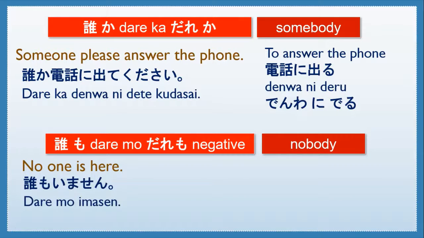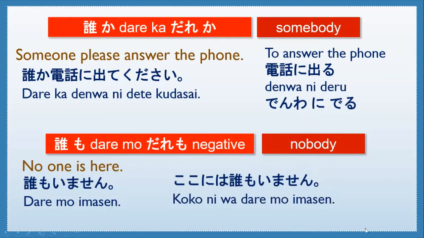We can also say ここには誰もいません。Koko ni wa dare mo imasen. So here it is ni wa, koko ni wa dare mo imasen. This is how we use this particle.